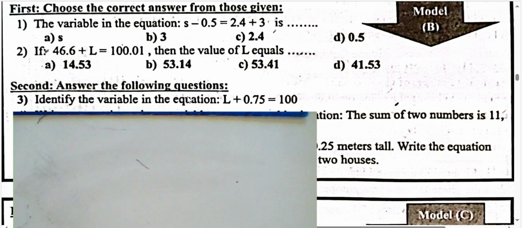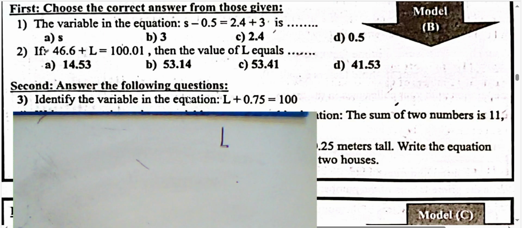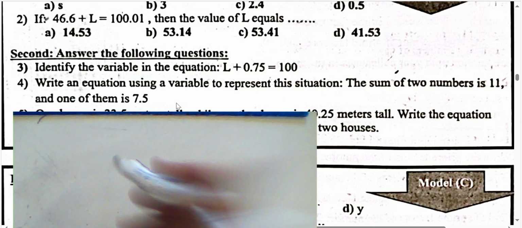Next question. Second, identify the variable here. In the equation, the variable here will be L. L here is the variable. Next question, number 4. Write an equation using a variable to represent the situation. The sum of two numbers is 11 and one of them is 7.5.